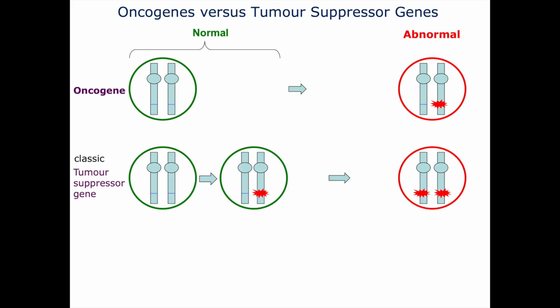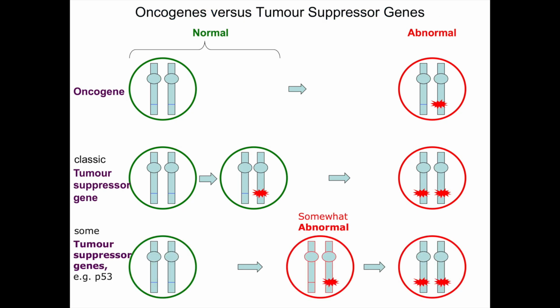In contrast, for a classical tumour suppressor gene mutation, if you mutate one copy of a gene so it's inactive, you still have the remaining normal copy, and in many cases this will be quite adequate and the cell will remain normal. It's only when the second copy of the gene is lost that you get the full effect of the mutation. You get a proper tumour suppressor gene mutation. So tumour suppressor gene loss of function mutations require, in general, both copies of the gene to be damaged.